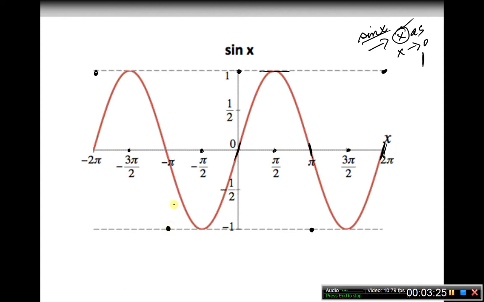And now trying to put together a graph of this, we might believe that the slope would look sort of like this. I'm not a perfect artist, but it would look something like this.